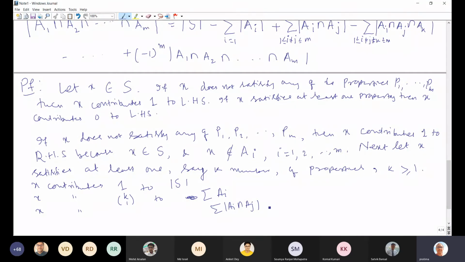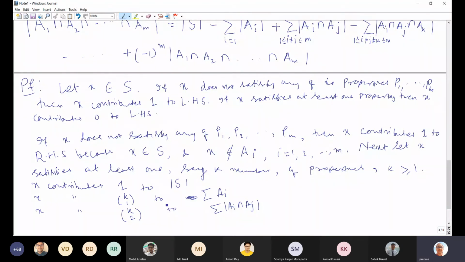Then it will contribute 1. In other words, how many such pairs will we get? k choose 2. That contributes to this second term.